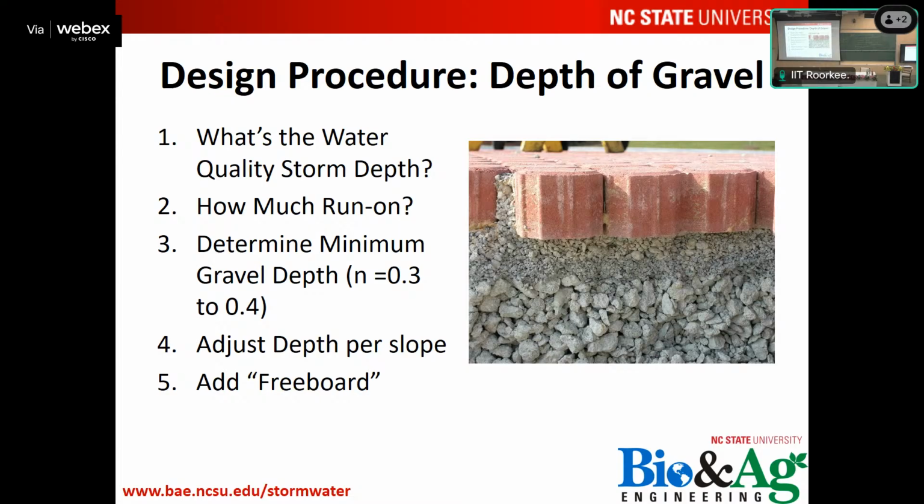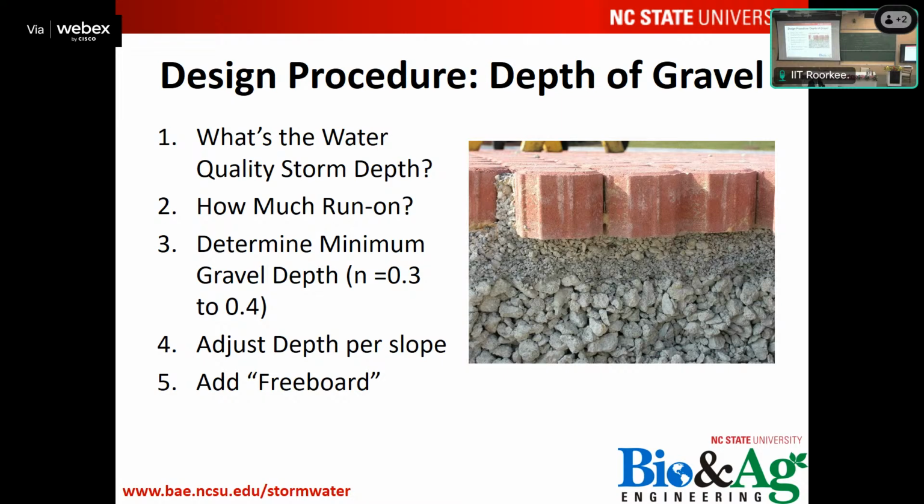Then you need to know how much run-on you have. Does anyone want to guess what run-on is? We talk about run-off all the time. What's run-on? What does it sound like? Run-off is water that's leaving, right? Run-on is water that's coming.